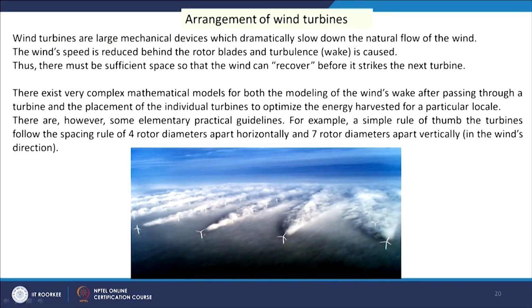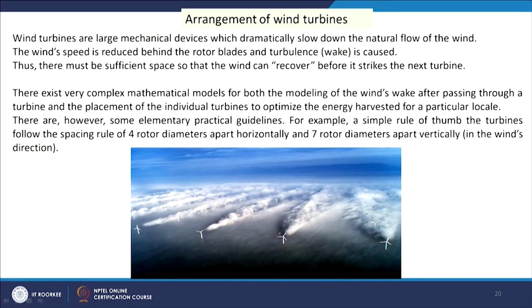Wind turbines also require a lot of land. We need a lot of area available for the installation, because if I put one wind turbine here, I have to keep some space between two wind turbines. For example, you see this is our arrangement of wind turbines: this is one, another one, another one.